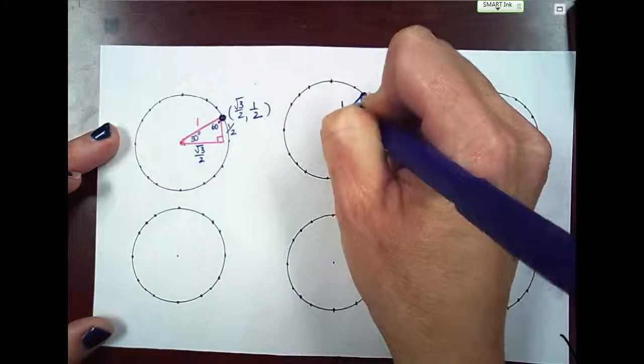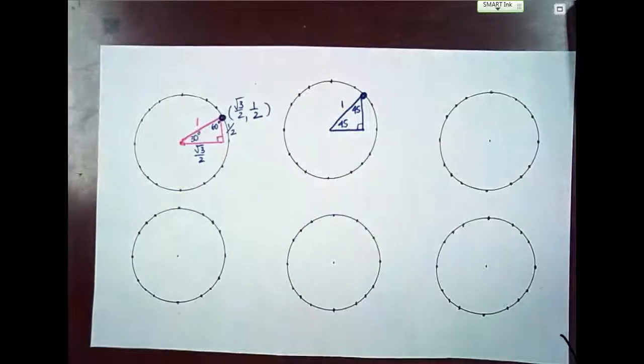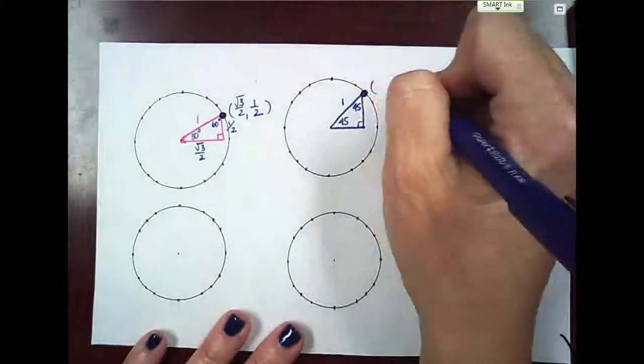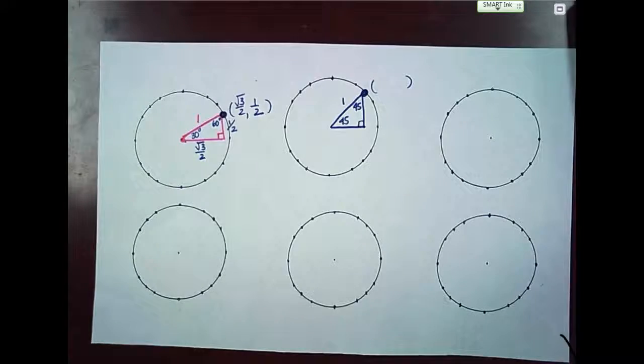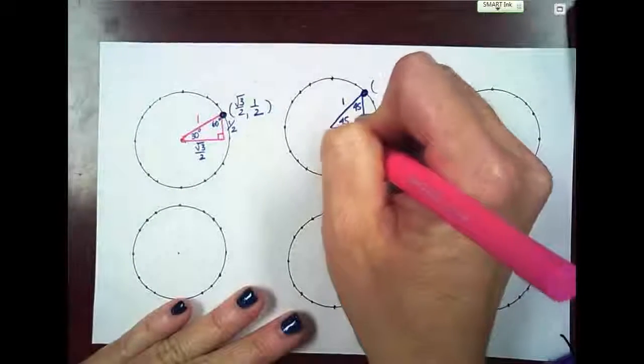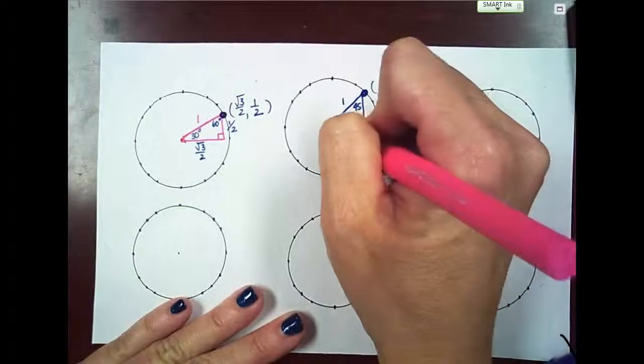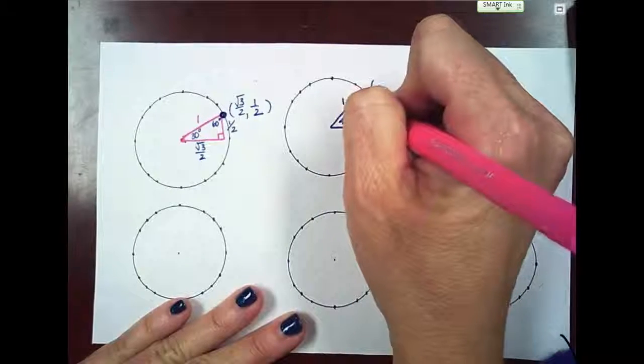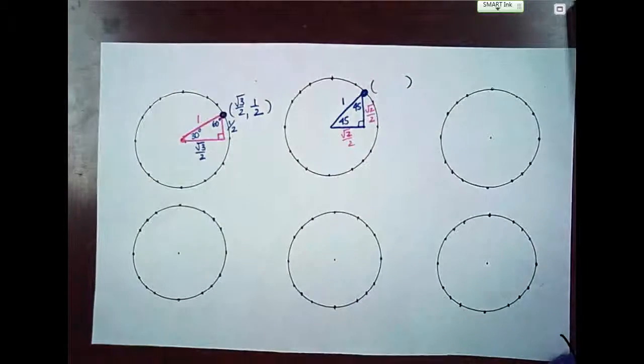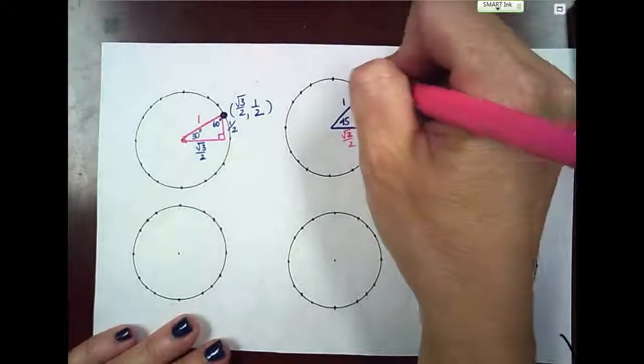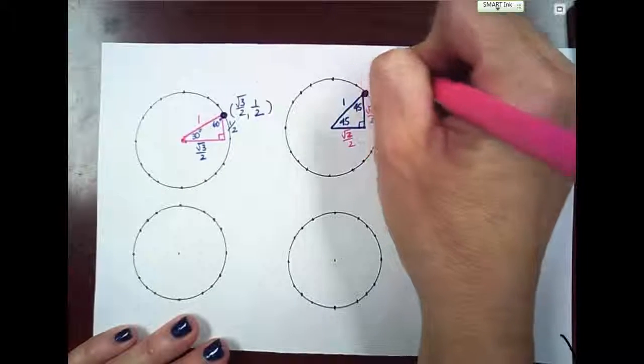What did we learn about 45s when you have a hypotenuse of 1? What's the measure? They're both the same, aren't they? This is root 2 over 2, and root 2 over 2. It's a 45, 45. Of course, you're going to go the same, out and up. So therefore, the point is root 2 over 2, root 2 over 2.